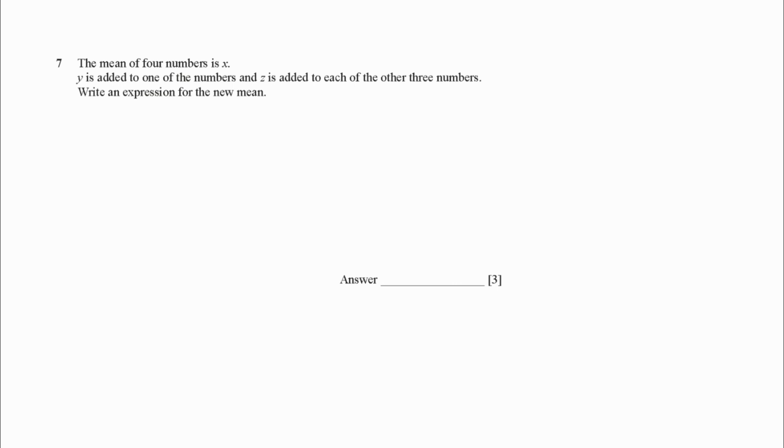So the mean of 4 numbers is x. So I'm just going to show the mean with x bar. X bar equals, I'm just going to consider A, B, C, D as the 4 numbers, A plus B plus C plus D divided by 4.